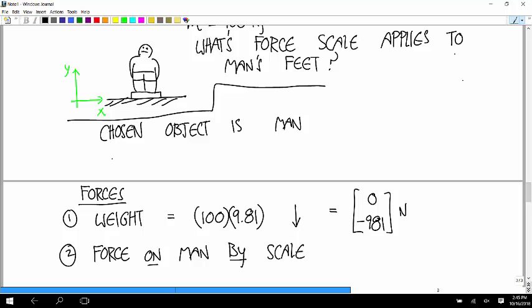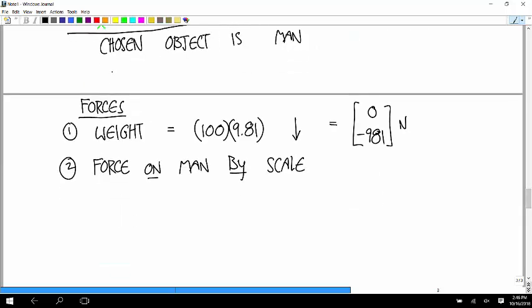And for now, we're going to assume we don't know anything about that. So I'm just going to treat that as an unknown x component and an unknown y component. That's the least you can know about a force vector. You don't know the direction, you don't know the magnitude, you don't know x, you don't know y, you don't know anything. So I'm going to call that force scale, and I'm going to break that up into FSX and FSY components.